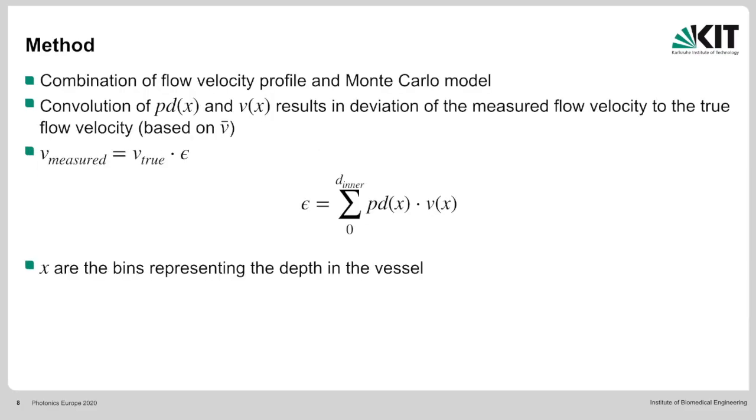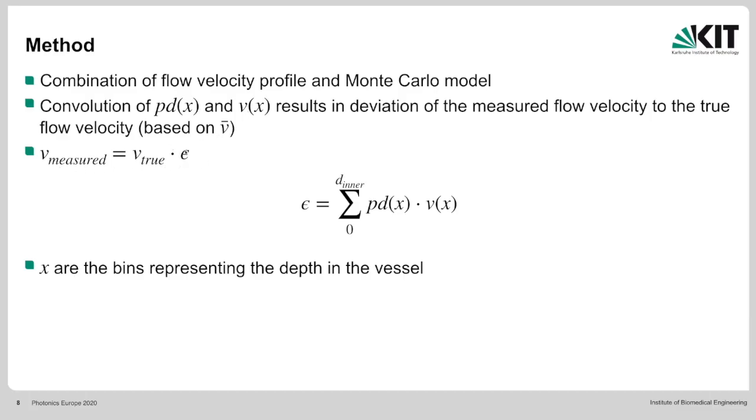And in the end, we want to combine both of our models, so our flow velocity profile and our Monte Carlo model. We convolve the probability density distribution and the flow velocity profile, and they result in a deviation of the measured flow velocity to the true flow velocity, which is based on our mean velocity. So you can see it over here.